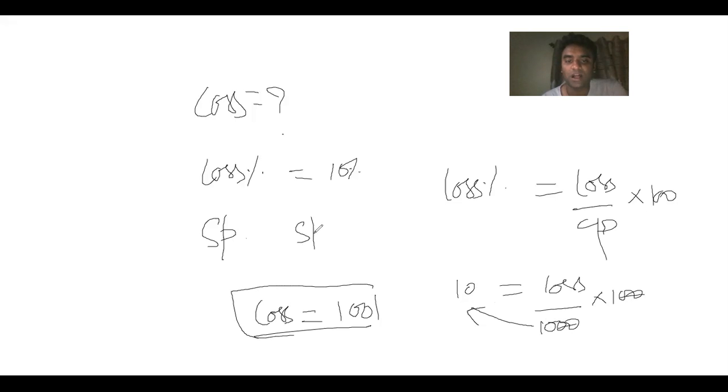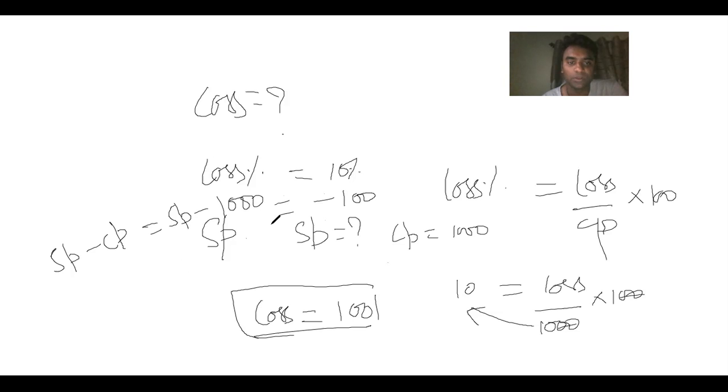So we were asked to find the selling price while the cost price is 1000 and the loss is 100, right? So, selling price we need to find. CP is 1000, correct? And the loss is already given to us. Or in other words, we should say CP minus SP is the loss, correct?